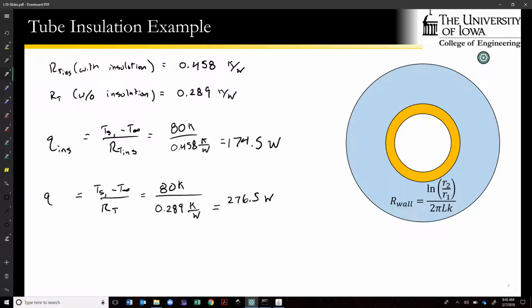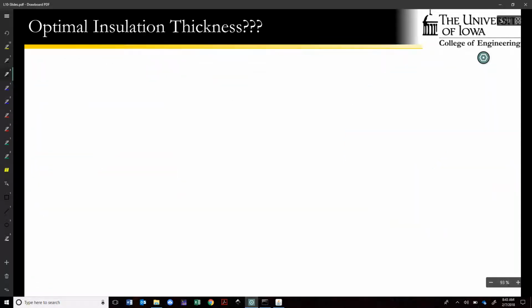When you start putting insulation on, you're decreasing the amount of conduction, but you are increasing the ability of it to shed heat by convection. And so that begs the question, you kind of have these two effects fighting each other, right? So is there such a thing as the perfect insulation thickness?